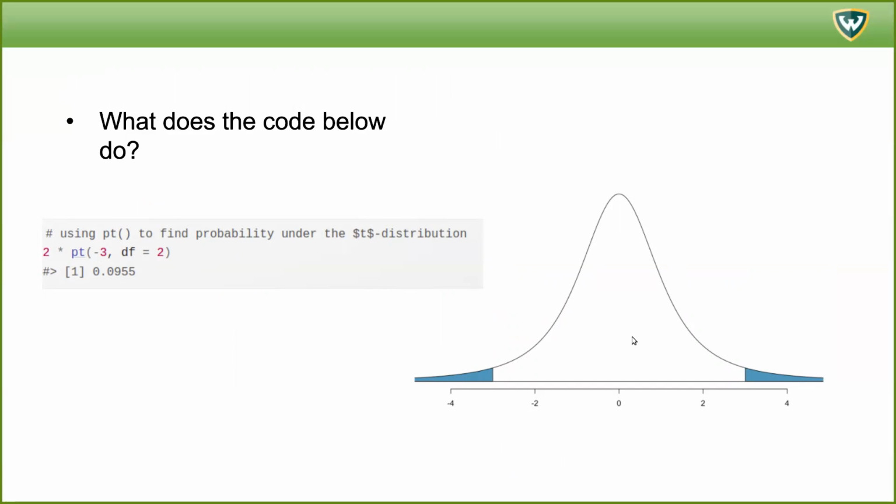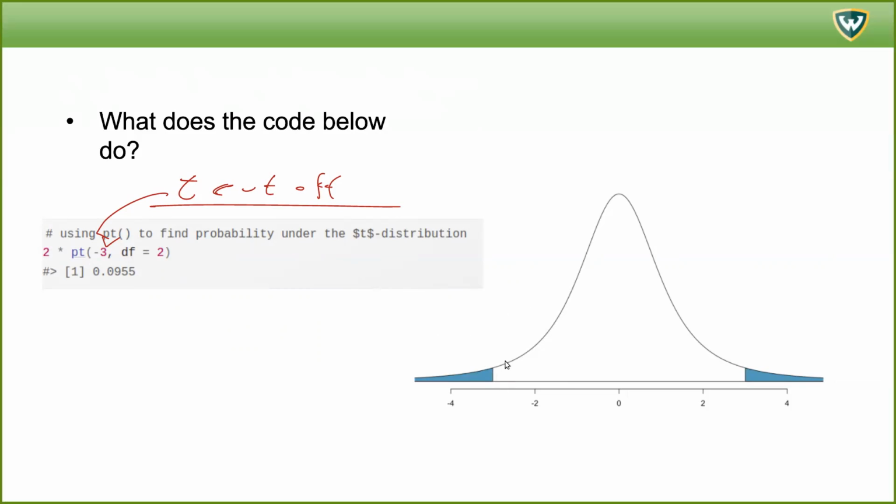Before that though, let's take a look at something that happens when we have this code over here. What does the following code do? We're using the same function, this pt function, which finds the probability under the t-distribution. What we input is the standard deviation and then the degrees of freedom. They may call this the t cutoff point, or you can think of it as the level of the standard deviation.